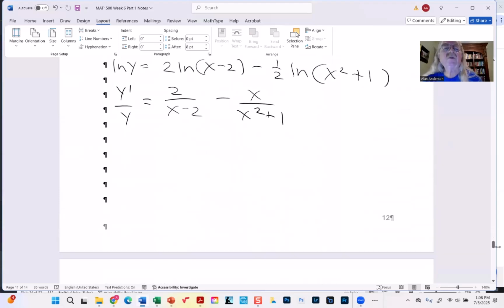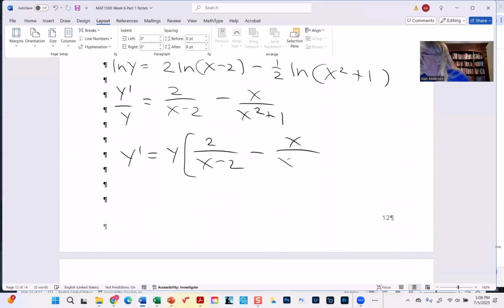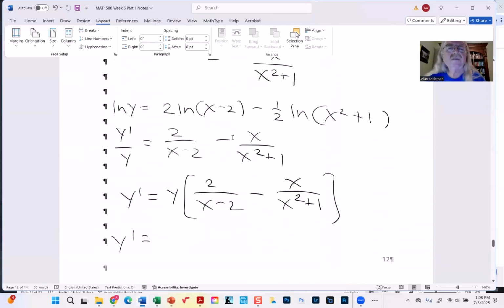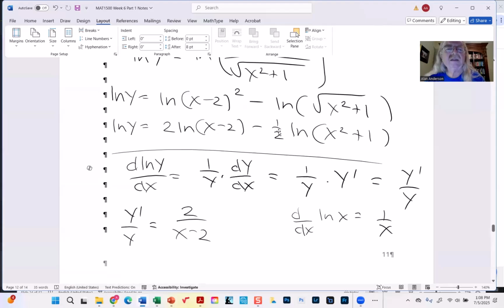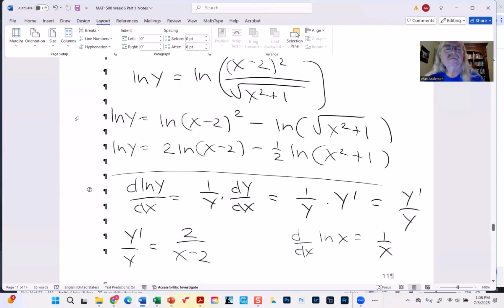Anyway, so you might think we're done, but we're not. Because remember, what we're solving for is y prime or dy/dx. So let's do this. And of course, y is the original equation, from way, way back at the beginning, right here.